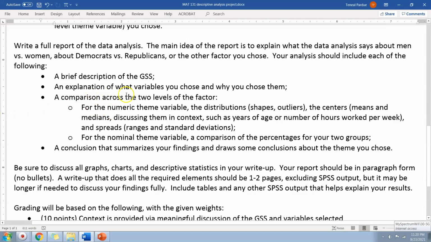And then you're going to compare across levels of the factor. I put 2 here, but some of the factors have more than 2 levels. So across levels of the factor, you're going to talk about how Democrats are different than Republicans, than independents for that first variable. And then for your other variables, you're going to talk about comparison for your groups, for levels of your factor.